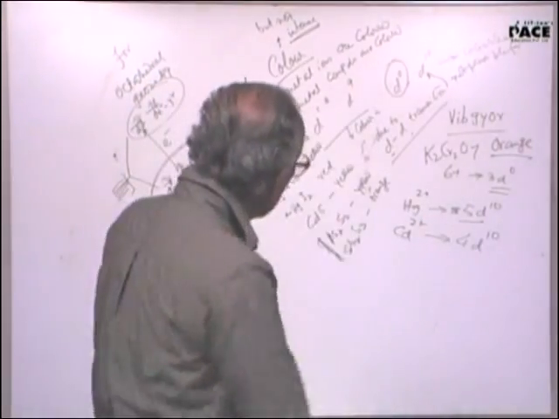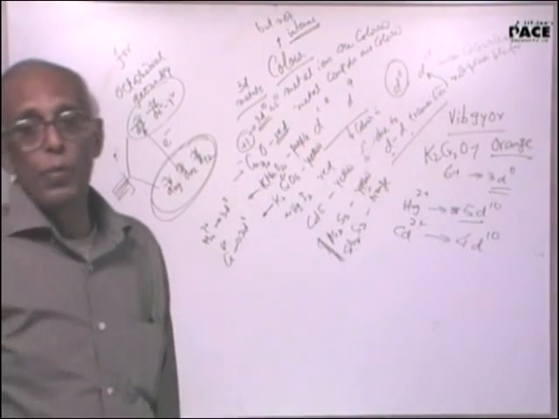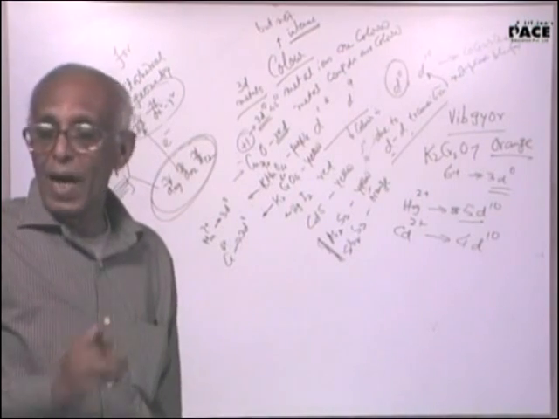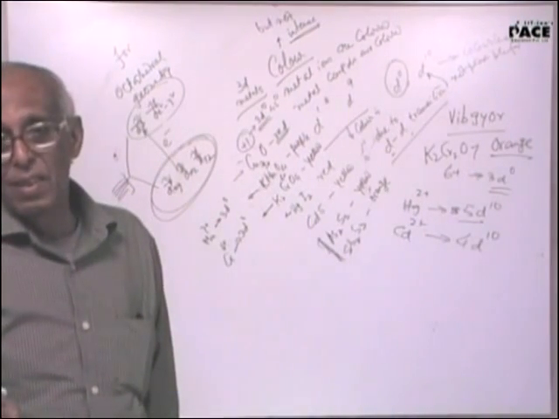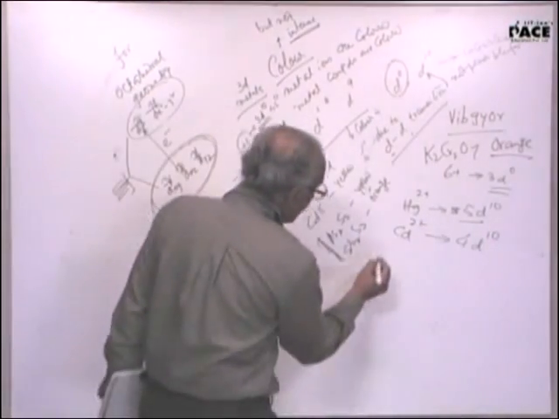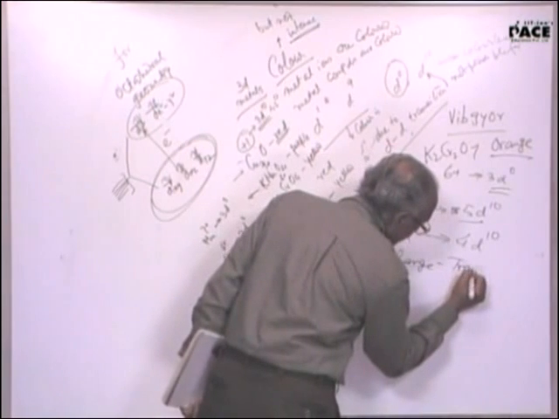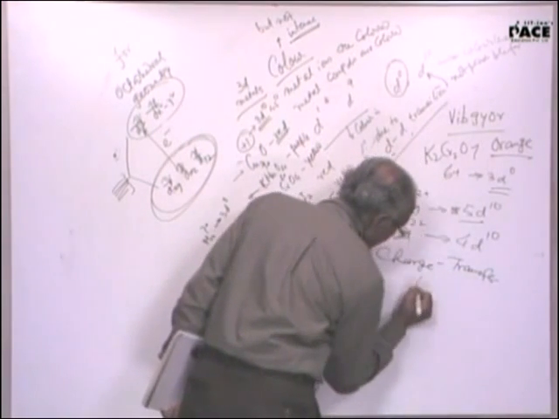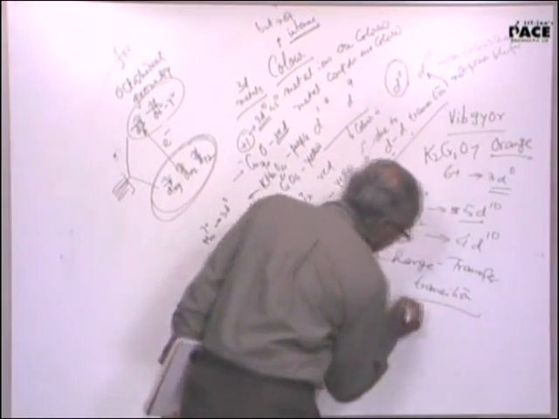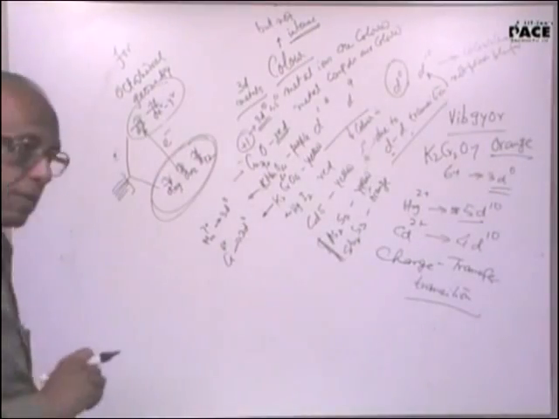All these, where you have d0, where you have d10, and where you don't have d but still show color, are all due to charge transfer.